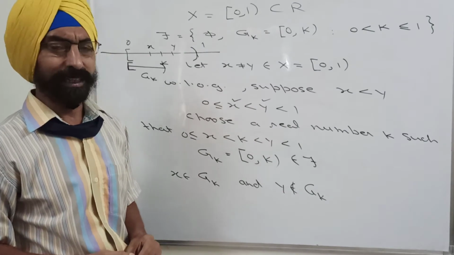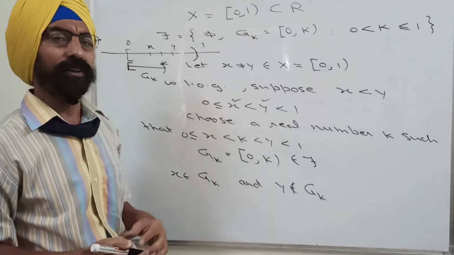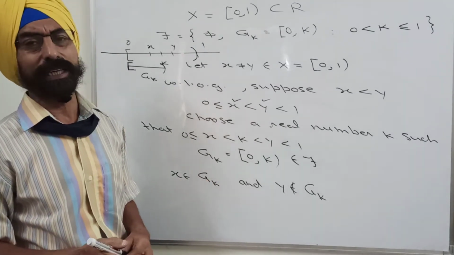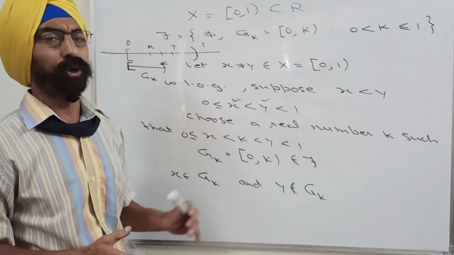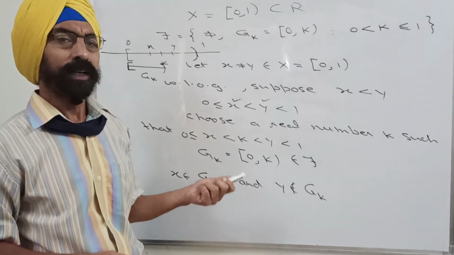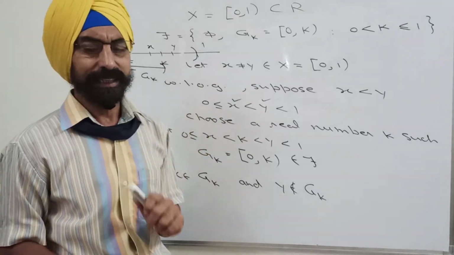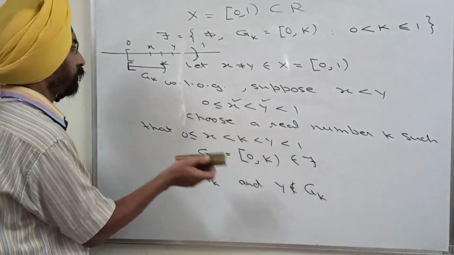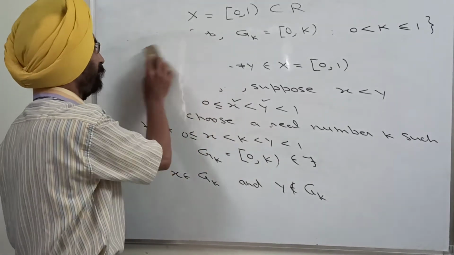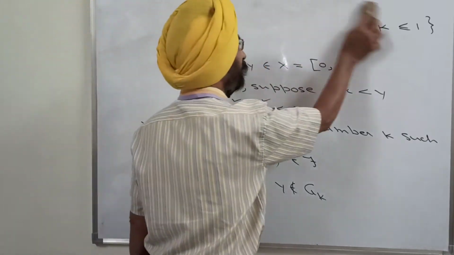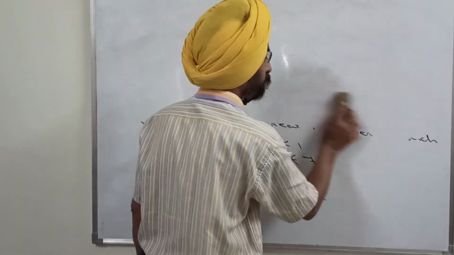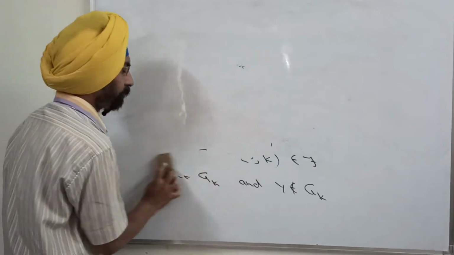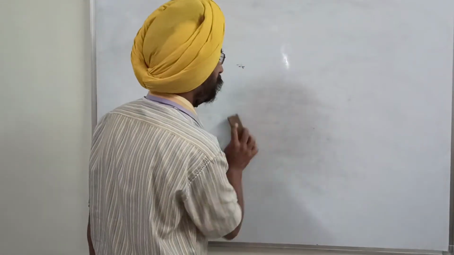So you have an open set containing one of the elements x and y and not containing the other. That means your topological space, by the definition of T0 spaces, is a T0 space. So this was another example regarding T0 spaces.